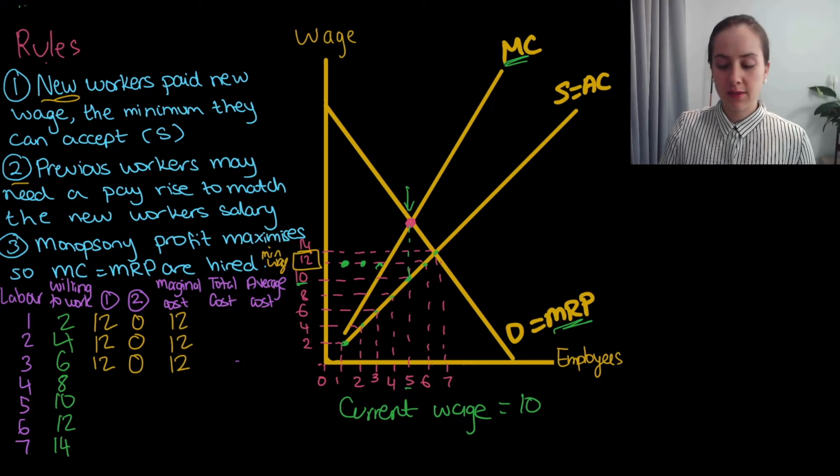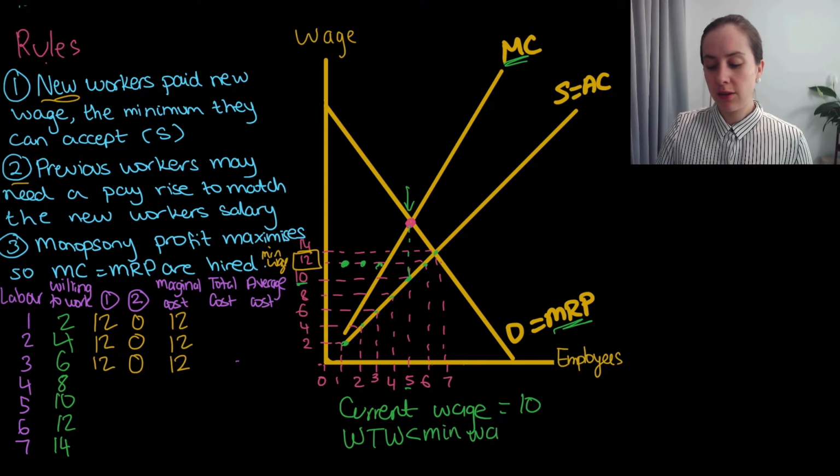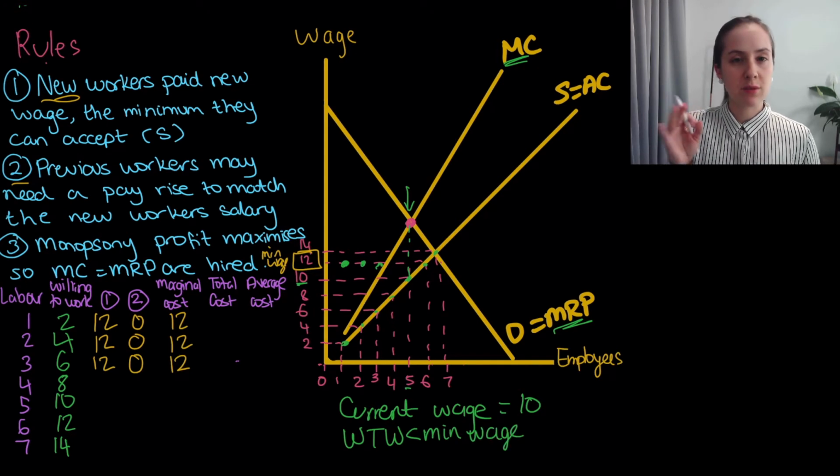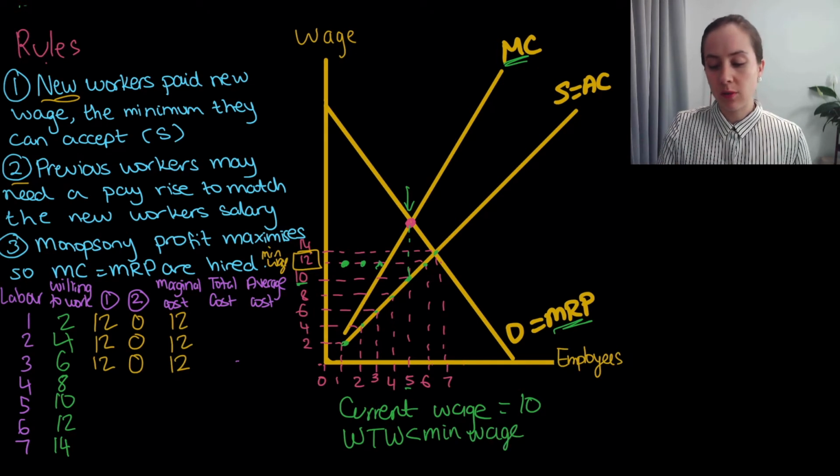The pattern is, so long as people are willing to work at a wage lower than the minimum wage, that's what these 3 people have been wanting originally, that's going to mean that they will all end up working at wage 12. And the monopsony is going to face MC equal to the minimum wage.